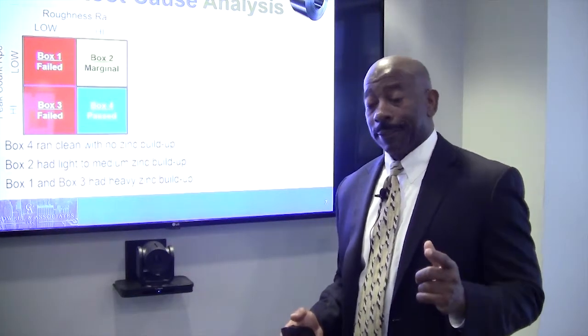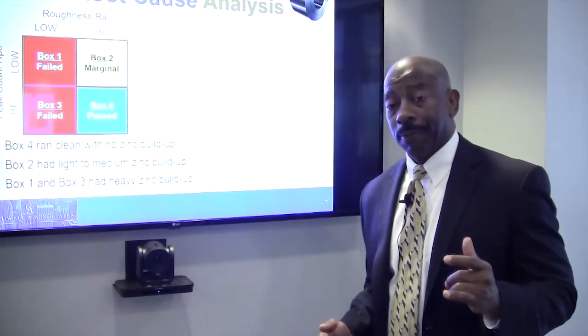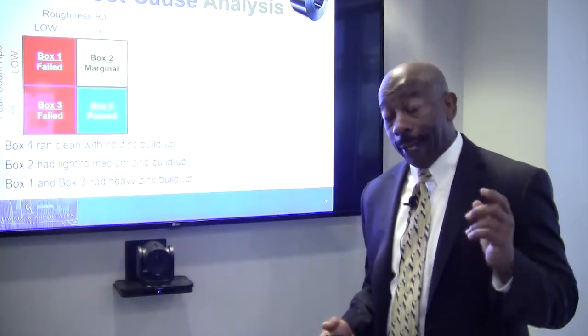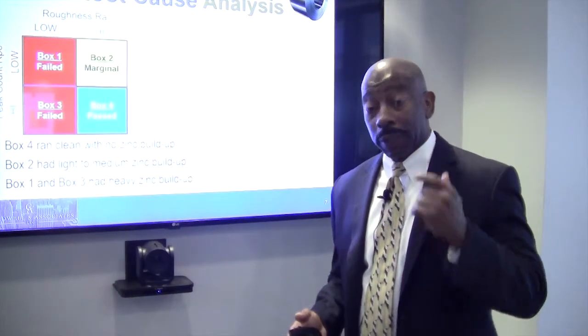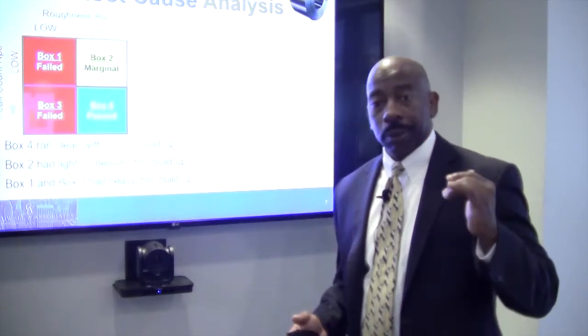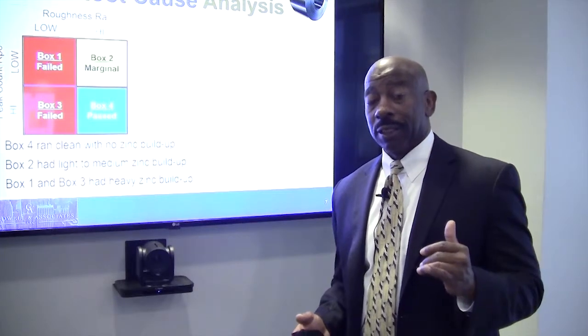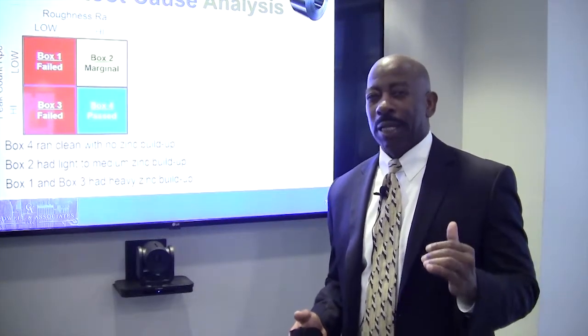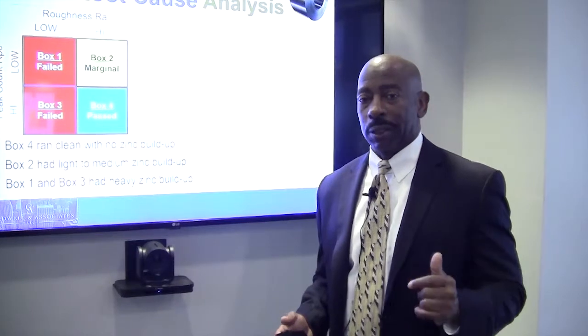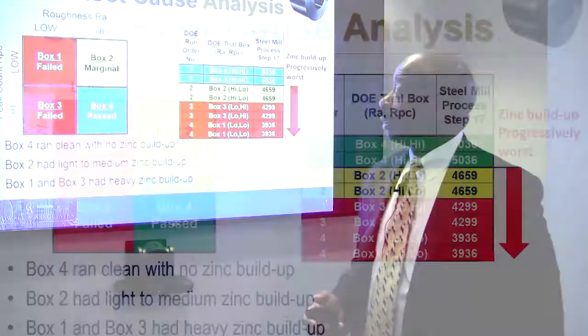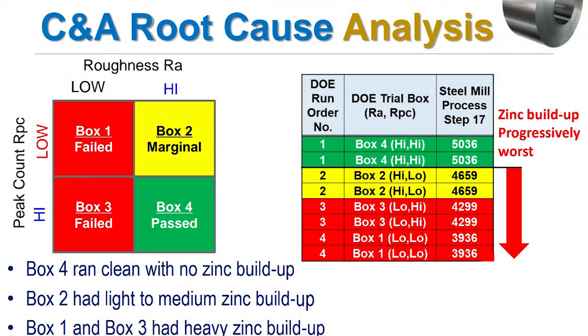Once I found that, I started looking at the operations that were driving this zinc and at what step of the operation could be causing this. So I set up the multi-regression analysis to determine what step in the mill operation was causing this. And what I found was, here is the outcome, that in the steel processing plant, step 17 was driving the zinc flake.